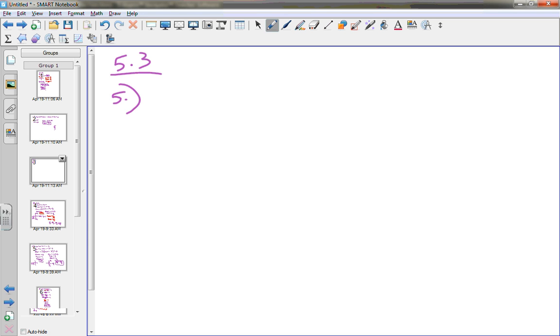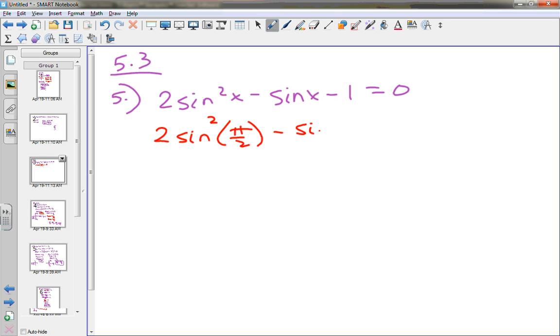Two sine squared. Now what this wants you to do is simply plug and chug. So 2 times the sine of pi over 2 squared minus the sine of pi over 2 minus 1.